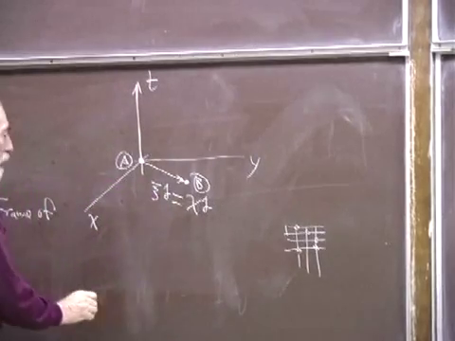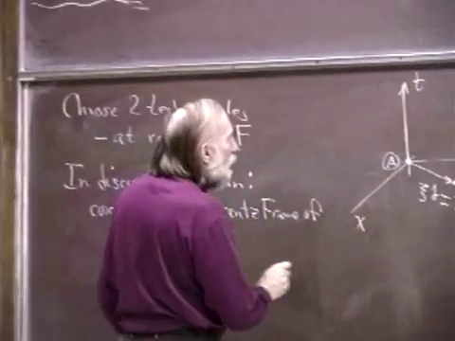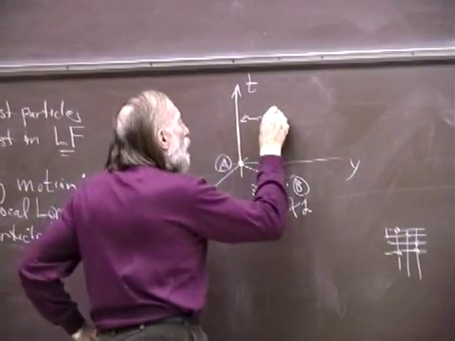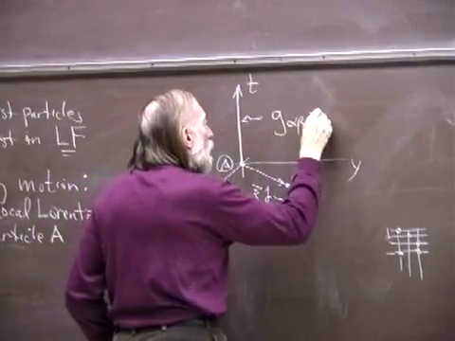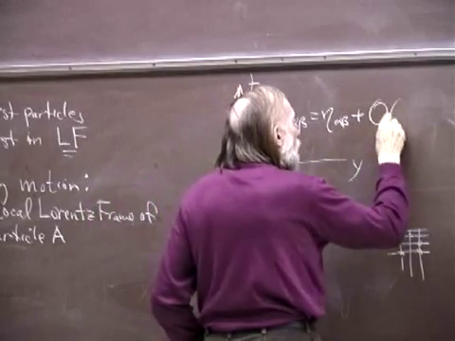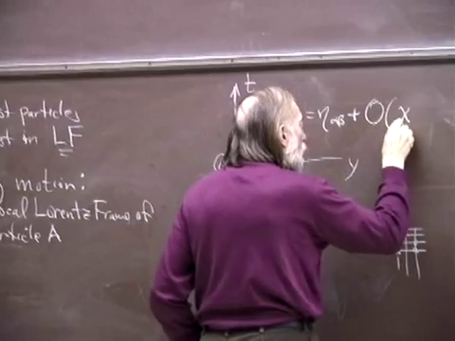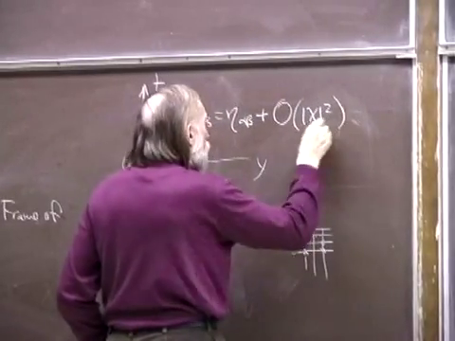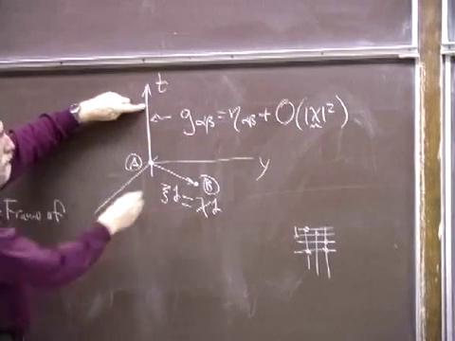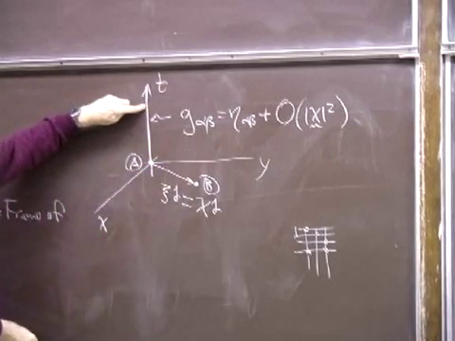And as is shown in the exercise that I'm giving to you, under those circumstances, this resulting local Lorentz frame of particle A will have the property that all along particle A's world line, the metric coefficients are the flat space metric coefficients plus something that is second order in the spatial distance from the origin. So all the way along this world line, the metric coefficients are precisely the flat space coefficients.